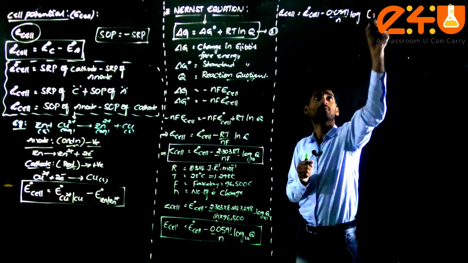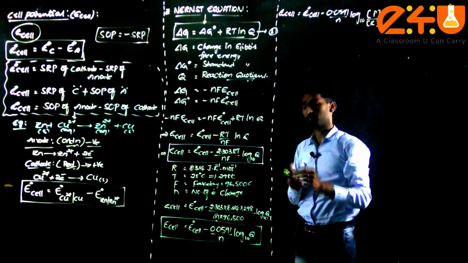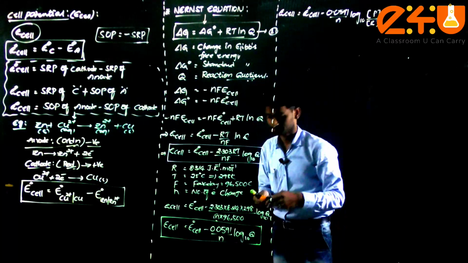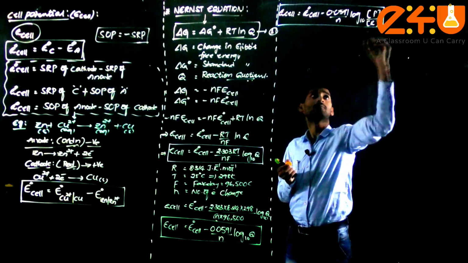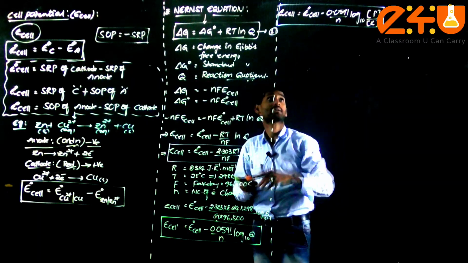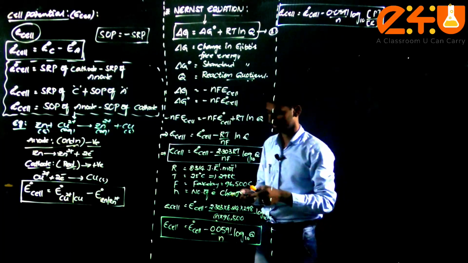Simply, concentration of product divided by concentration of reactant. Understood, dear students? This is the final formula, called the Nernst equation.